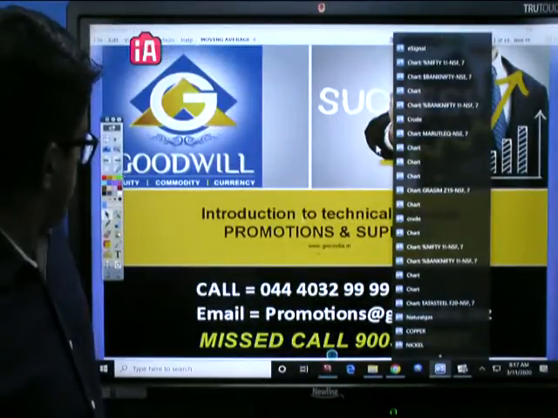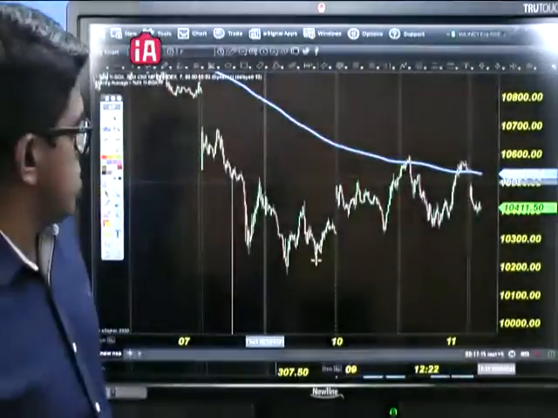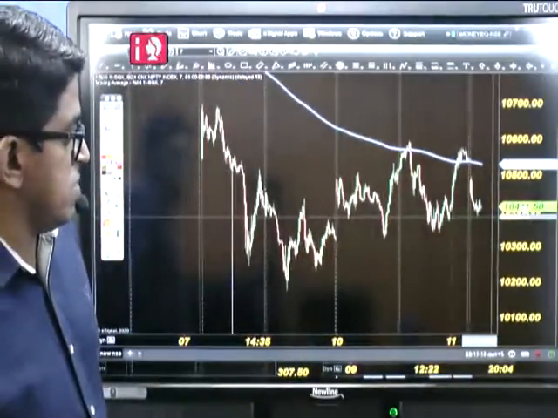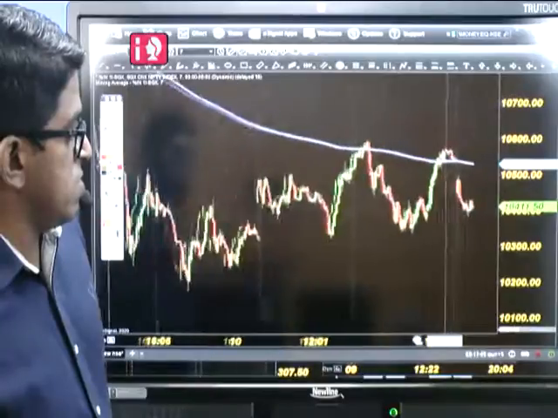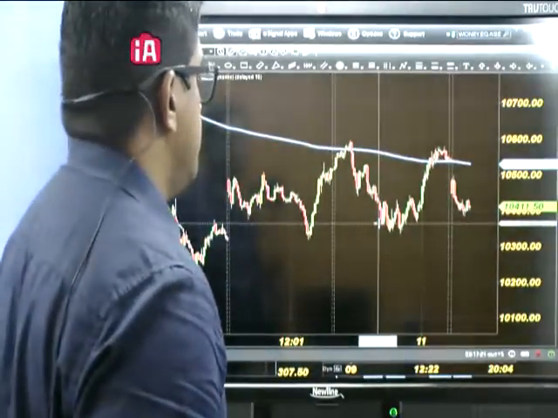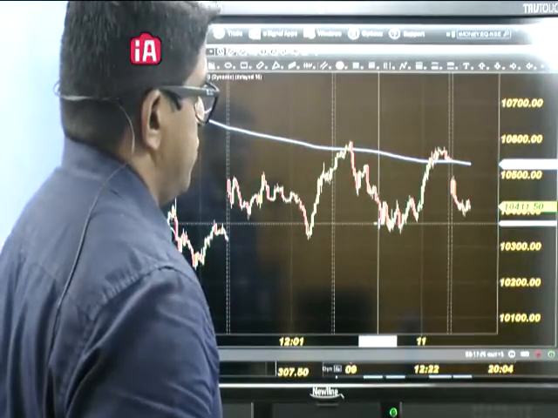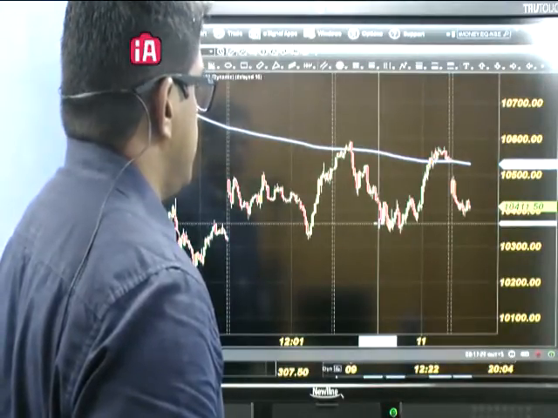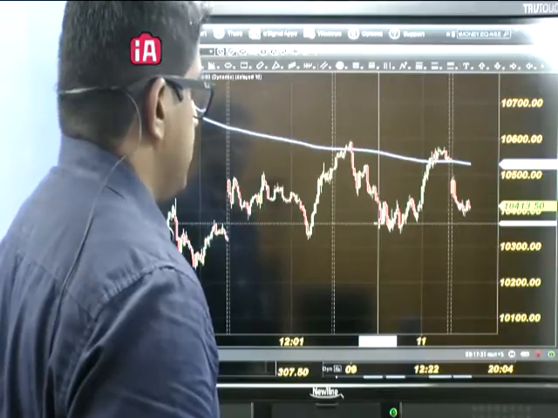So let me hide this. The chart you're seeing is the 7-minute candlestick chart for Nifty index, which is a futures derivative index, which is now trading on the Singapore exchange.